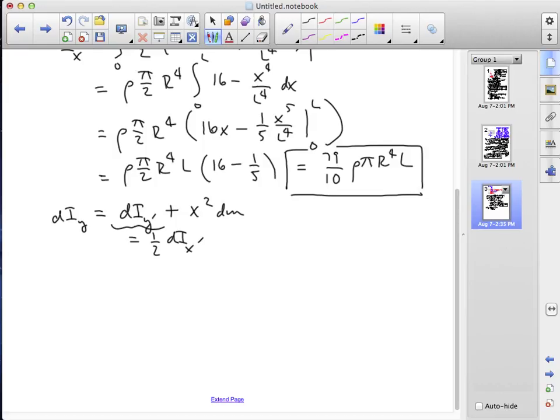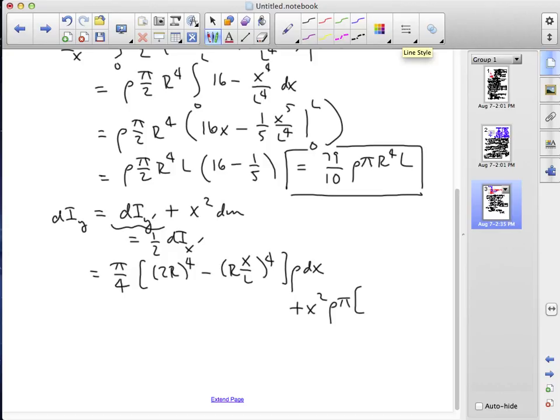So this is going to look like pi over 4 times quantity 2r to the fourth minus r x over L to the fourth, rho dx, plus x squared times the cross-sectional area of the disk, which is rho times pi times the outer radius squared minus the inner radius squared, times dx.